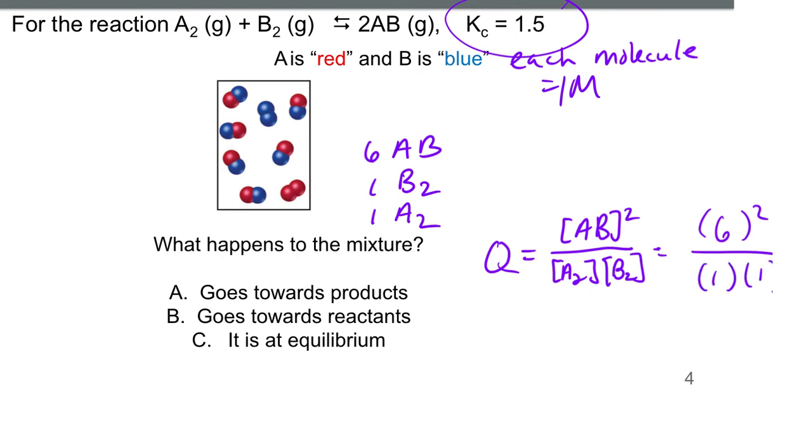So we end up with 36 for Q. So what happens to the mixture? Go towards the reactants, yep. Too much product, so the reaction needs to proceed towards the reactant side in order to reach equilibrium.